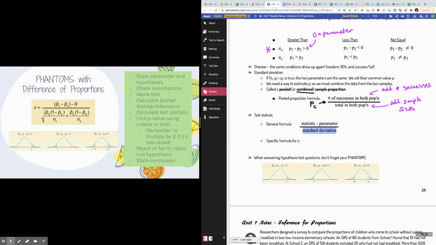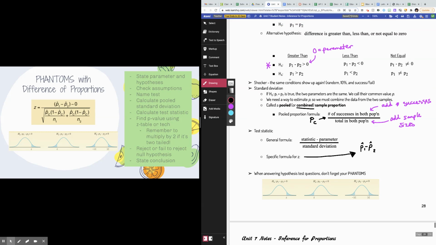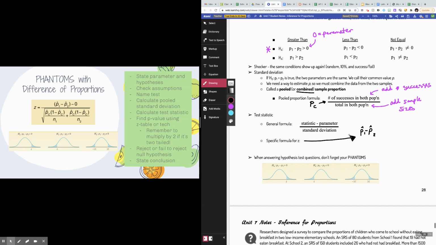So specifically for Z, the statistic, and I'm actually going to write it over here so that I don't run out of space. So my statistic is p hat 1 minus p hat 2, because my parameter is p1 minus p2, minus 0, right?